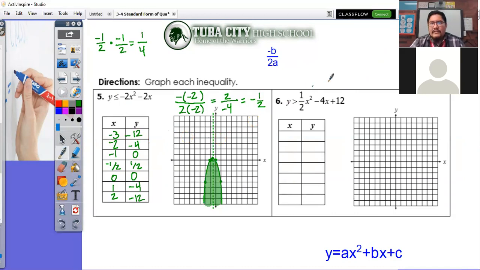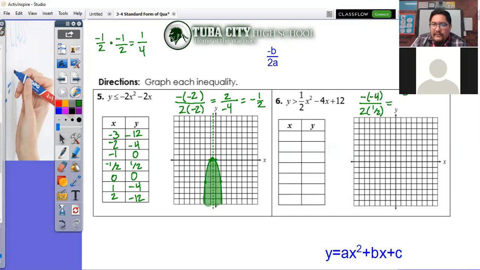All right, so let's go ahead and find our axis of symmetry. Opposite of -4. So again, there's one that comes with the formula, and then the 4 brings its own, so we end up with 2 of them. And let's see, 2 times 1/2.